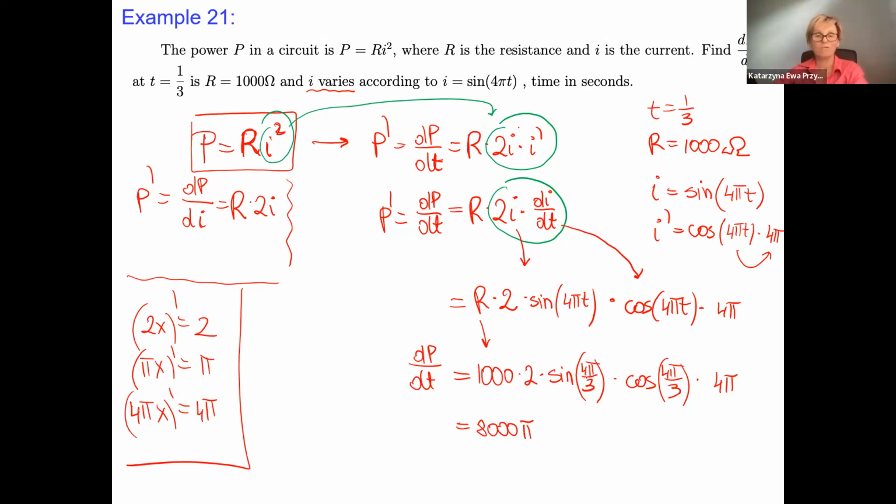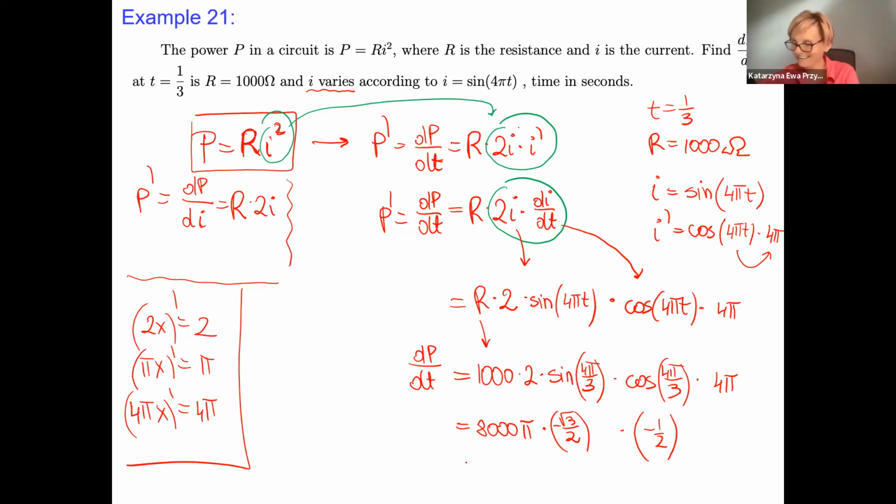And we need this. What is sine of 4 pi over 3? And what is cosine of 4 pi over 3? Really quick, and we will finish the session. That's 60 degrees, but it's 240, third quadrant. This will be square root of 3 over 2, but negative. And this will be 1/2, but negative. Am I right?